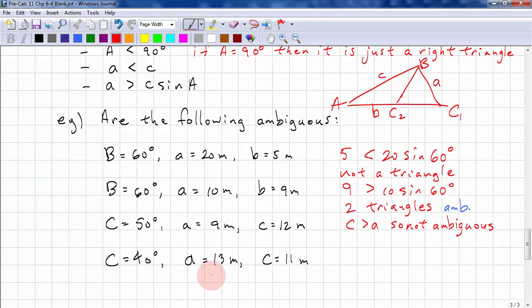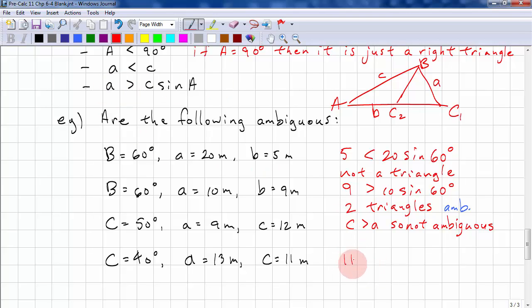Okay, and one more. So we have C. So we're putting C in here, and we're going to put A in here for the C. So first of all, is C less than A? Yes, it is. So we go through the final step.